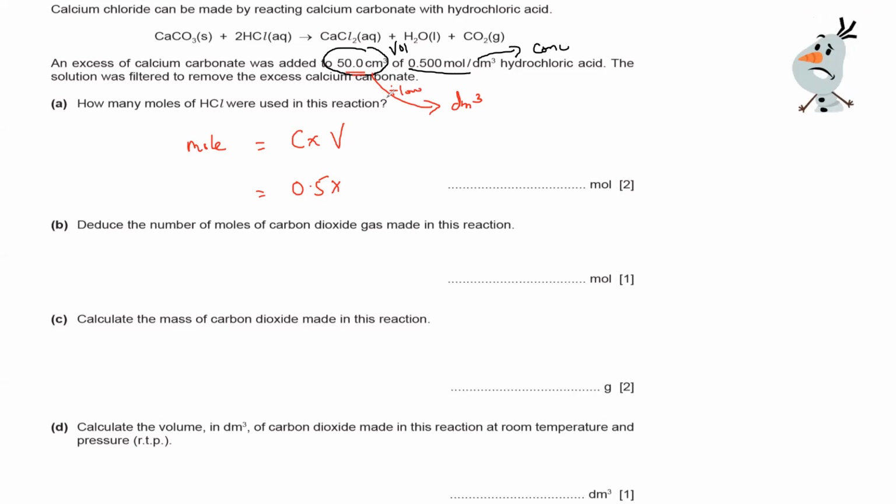So 50 divided by 1000, that is 0.05. So 0.05 is the volume and the concentration is 0.5. When you multiply these two, your answer will be 0.025. So first we used a formula to get the answer.